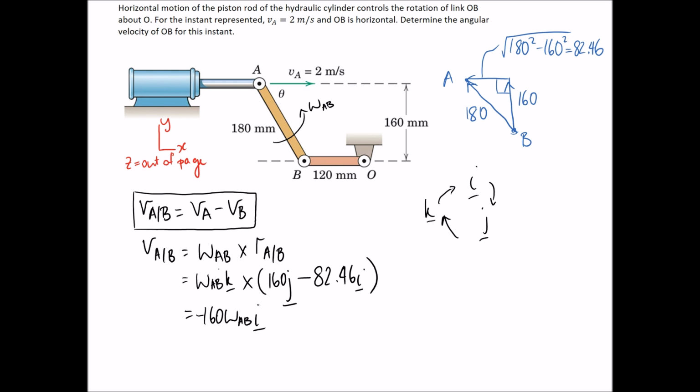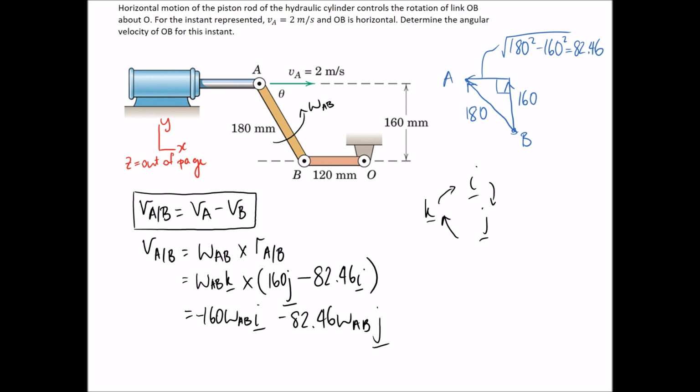So then we have omega times 82.46. And k times i is going to be a positive value, so the sign stays the same, and we get a j on the end. So there's not much more we can do with that one.